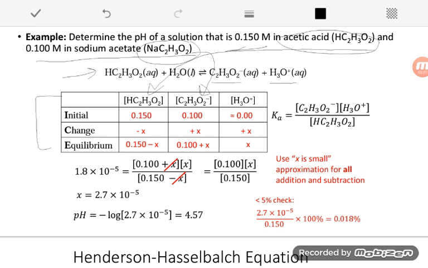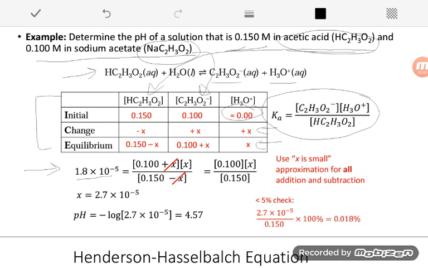And so we have to plug that guy in as well. But after that, things are really simple. We still start out with 0 of the H3O+. Our changes are still basically negative X and positive X. And we use those to get to the equilibrium row, which we plug into the Ka expression. So if we look up the Ka of acetic acid, it's 1.8 times 10 to the negative 5.